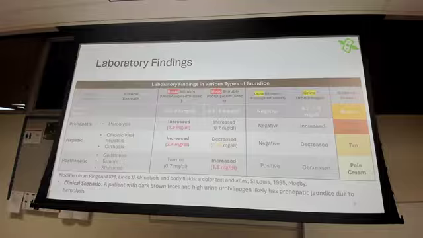So when we talk about different types of jaundice, hepatic is you deal with chronic viral hepatitis or cirrhosis, right? So you have that increased blood bilirubin, that unconjugated, decreased conjugated bilirubin, negative urine bilirubin, decreased urobilinogen, and tan-colored feces.